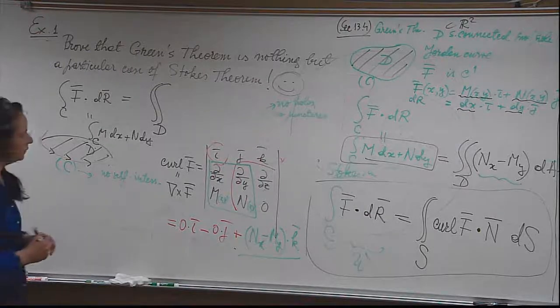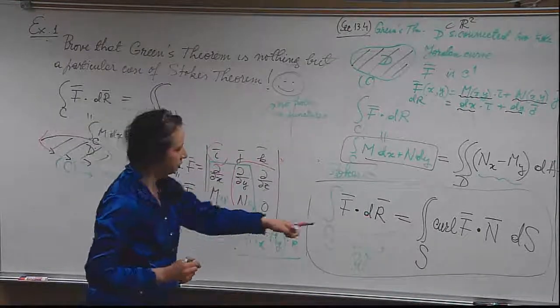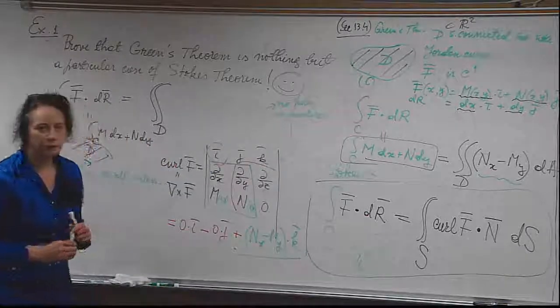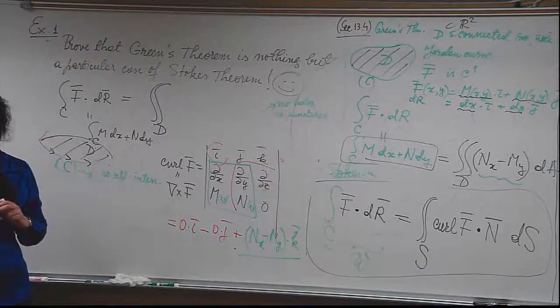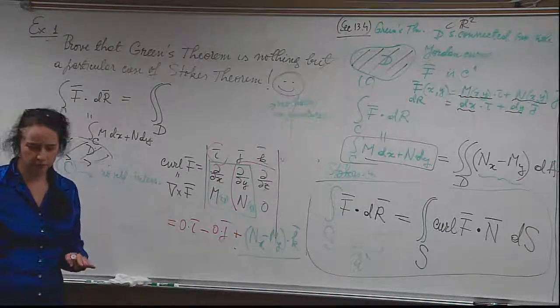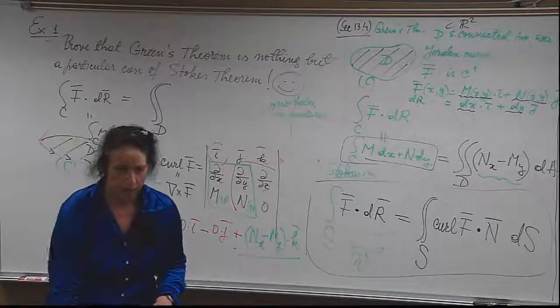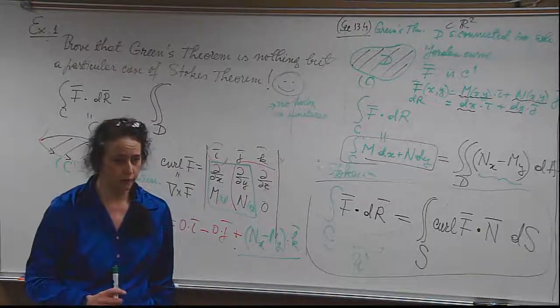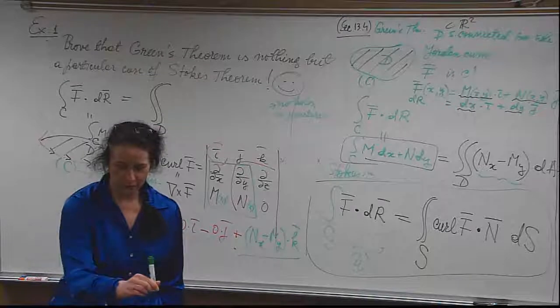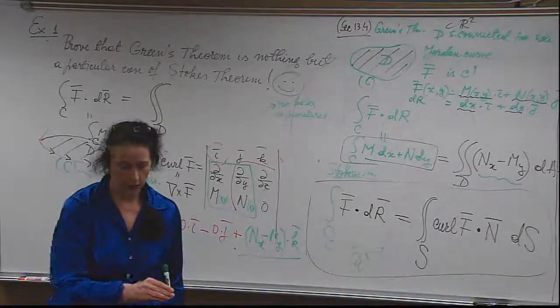Now I'm going to multiply this in the dot product with n. But we have to be smart and think, n is what? n is normal to the surface, but what if the surface is a patch of the plane? The normal would be trivial. What will the normal be? The vector field of all the pencils that are k.